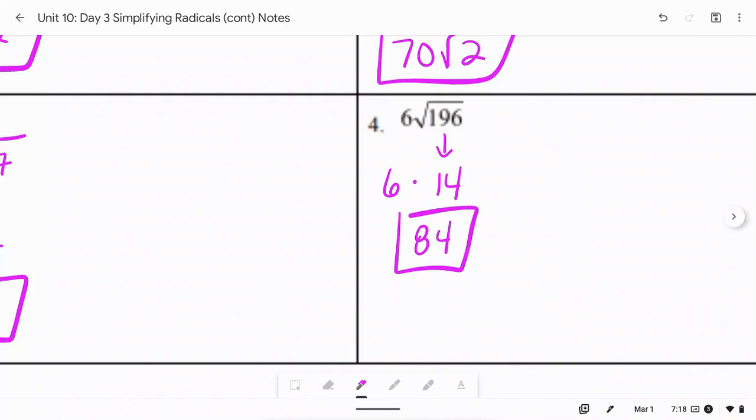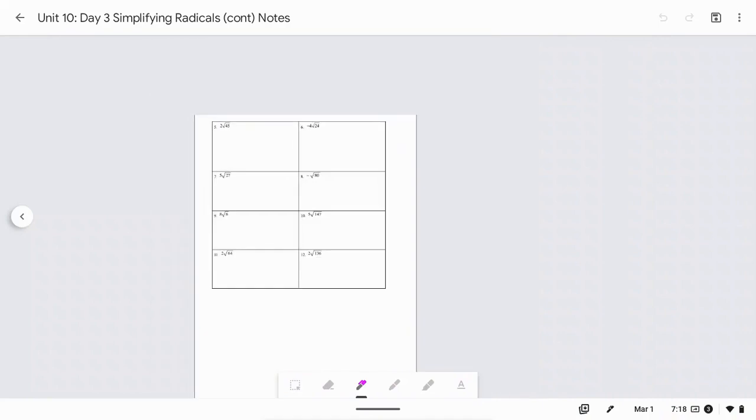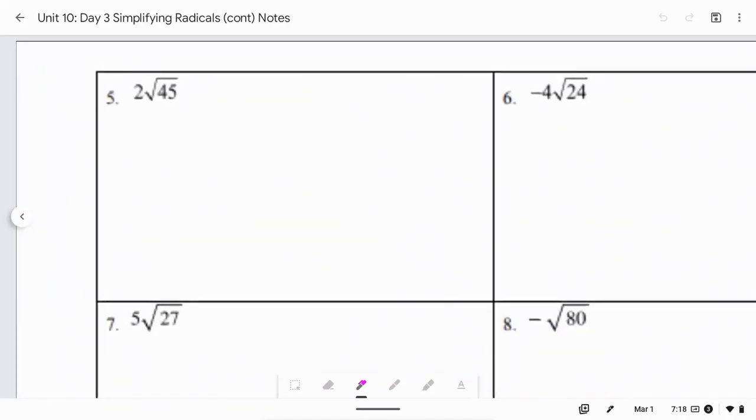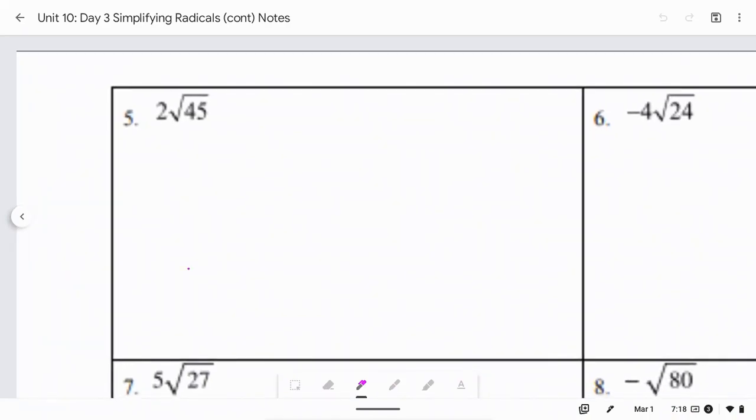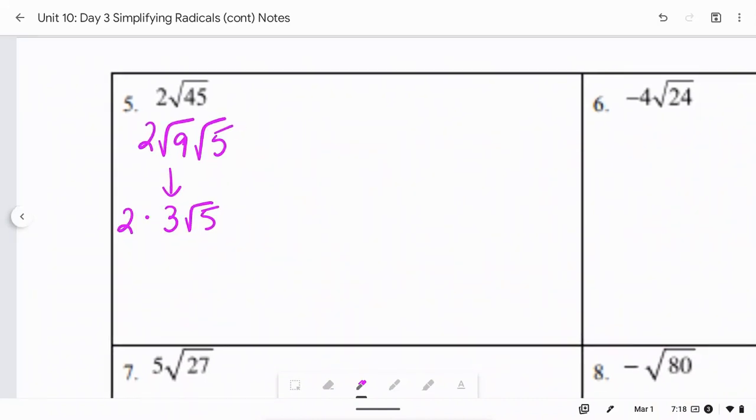Okay, let's move on and do a few more examples on the back page. Starting with example 5, I'm going to break down the square root of 45. And the largest perfect square number that goes into 45 is 9 times 5. The square root of 9 becomes 3. Bring down that square root 5 and then multiply it by the 2 that was already in front.